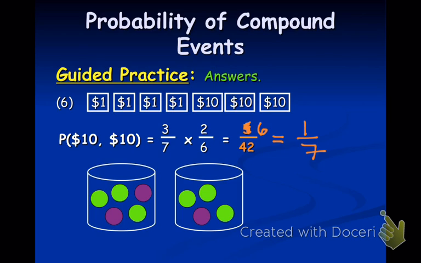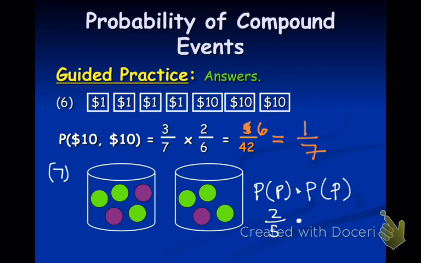Let's go ahead and look at number 7 now. We have the 2 jars with the green and purple marbles. So what is the probability of grabbing 2 purple marbles? So we're going to do P of purple times P of purple again. So if we look at our first jar, there are 5 marbles and 2 of them are purple.